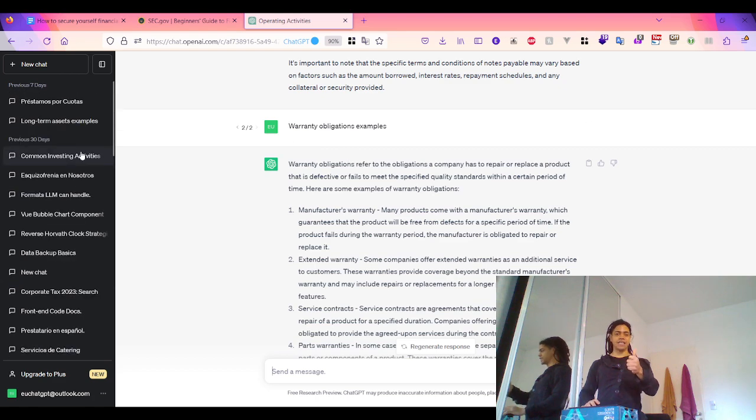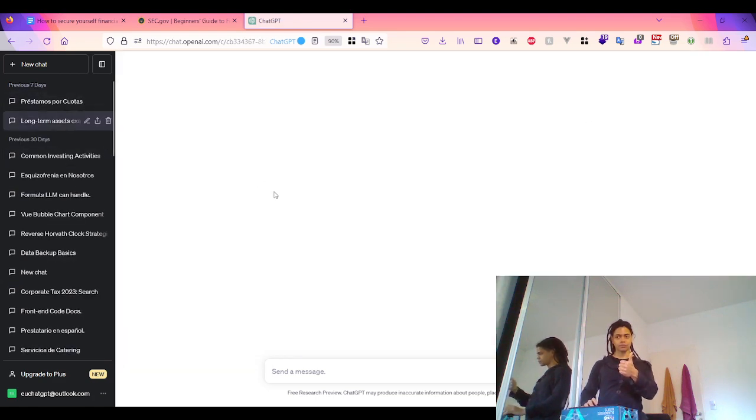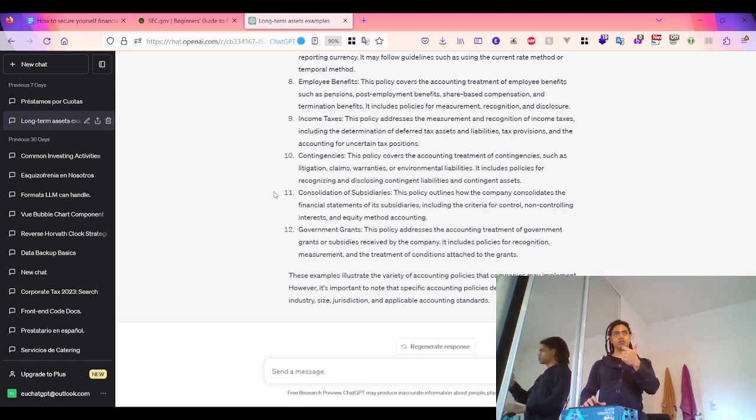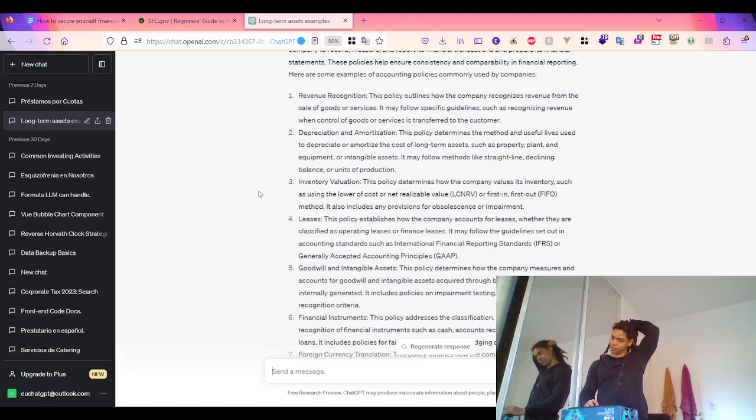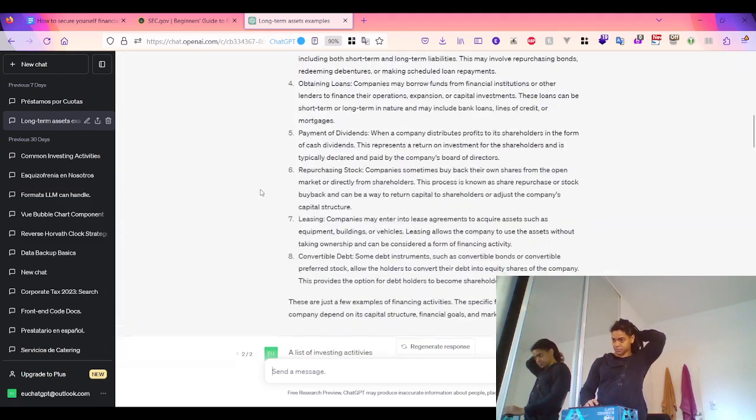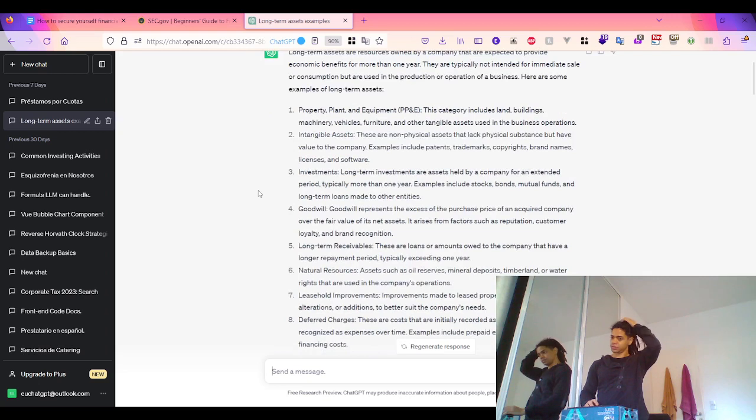Long-term assets such as intangible assets, goodwill, property, plant, and equipment, leasehold improvements, investments. So these are a couple of examples of long-term assets.